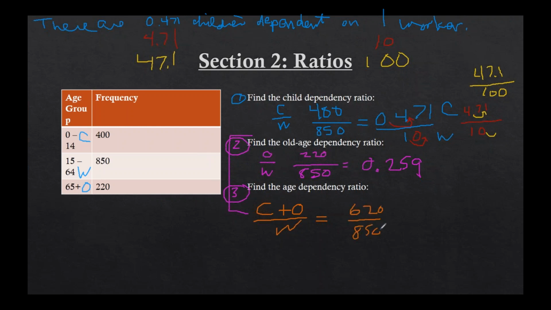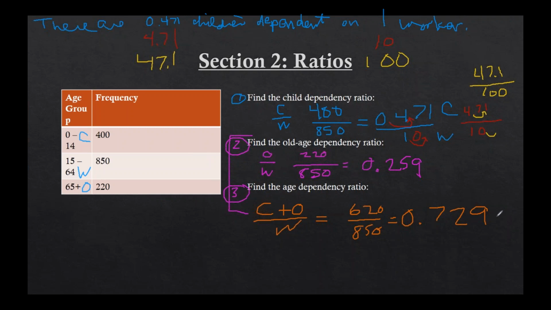For a dependency ratio as a decimal of 0.729. Very good. So there's 0.729 dependence on each worker, or 7.29 dependence on every 10 workers, depending on how you look at it.